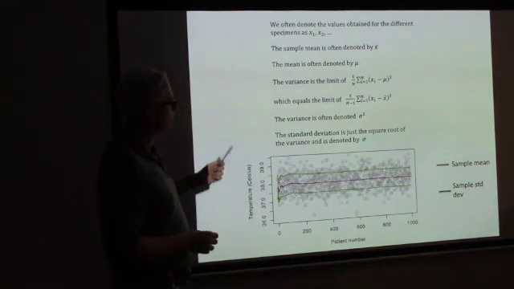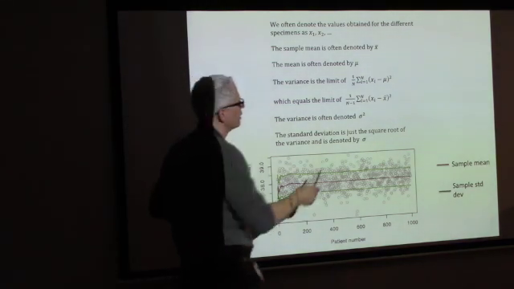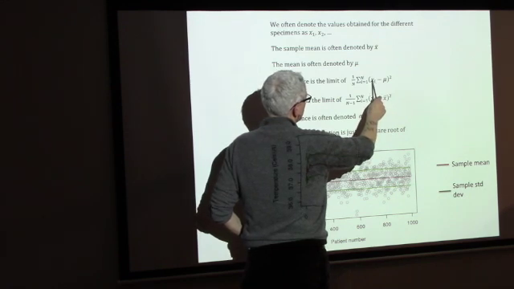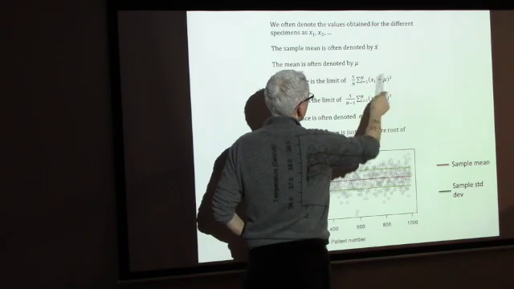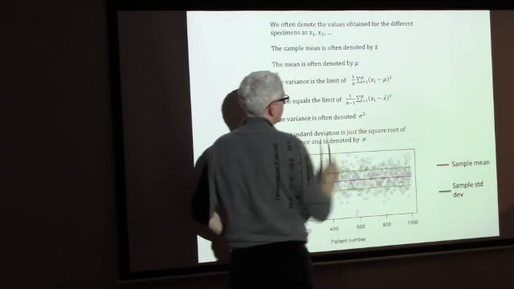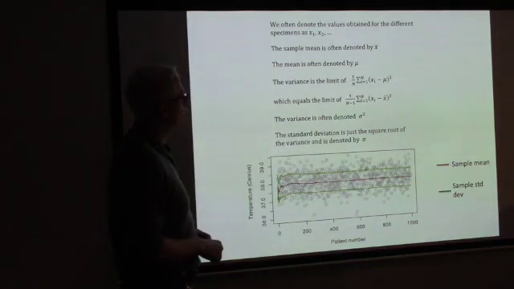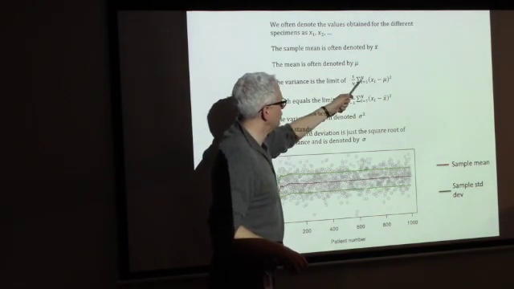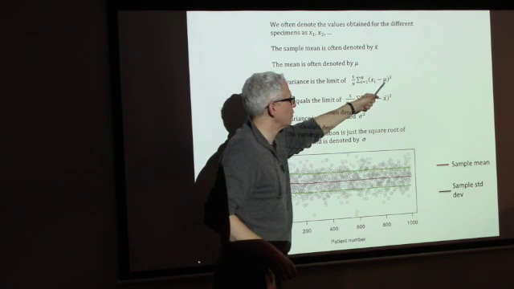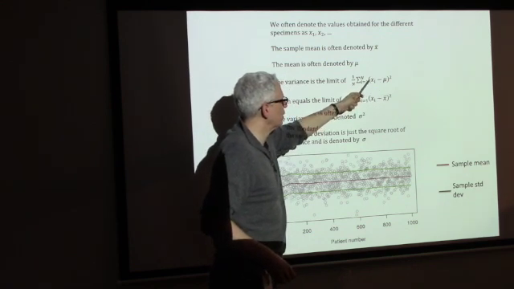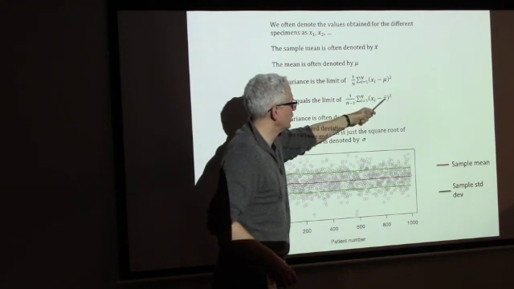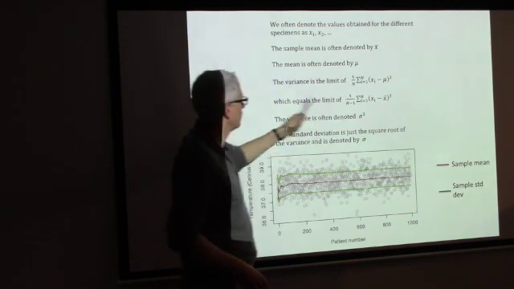And the variance is saying, okay, how far off is each specimen's number from the mean, squared, and you take the average of that. And for larger and larger n, this value, which we do not know because we don't know mu, can be approximated better and better by using the sample mean in this formula.